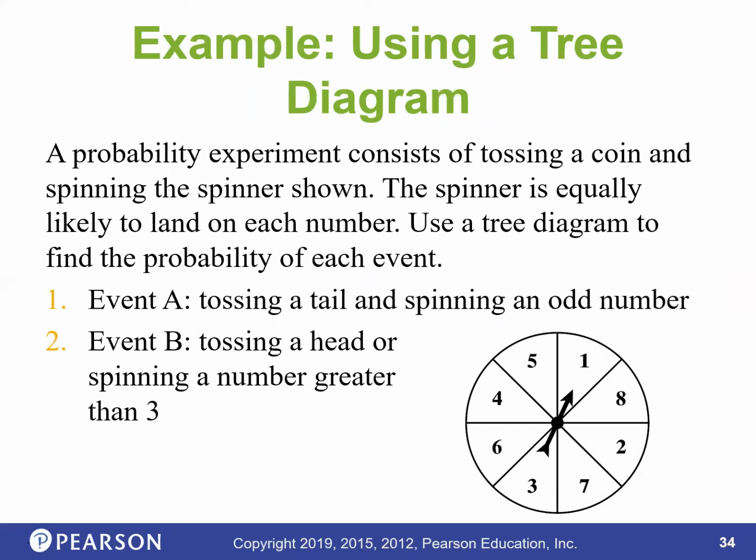Hold on, tossing a head. That's one thing, right? They got this little word "or" now. Or means either this has happened or that has happened. So give me all the different possibilities for tossing a head, or spinning a number greater than 3.